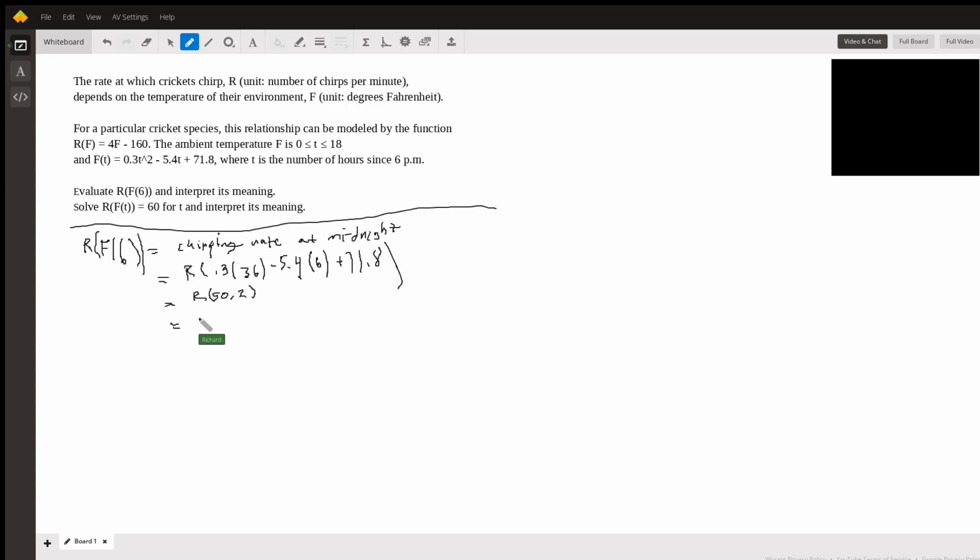Now R of 50.2 is going to be, it's coming from up here, it's going to be 4 times 50.2 minus 160. And that I have to do on the calculator. 50.2 times 4 minus 160 is 40.8.